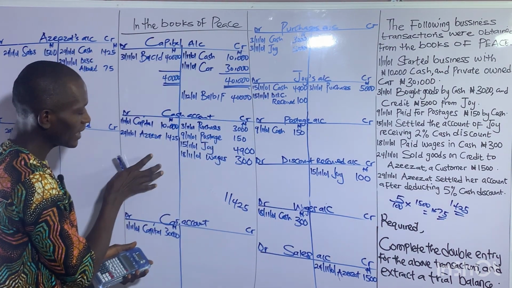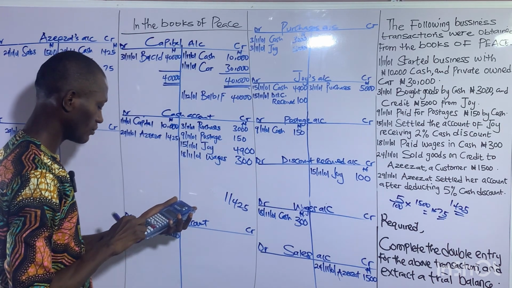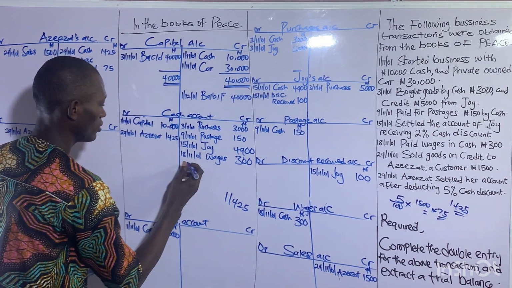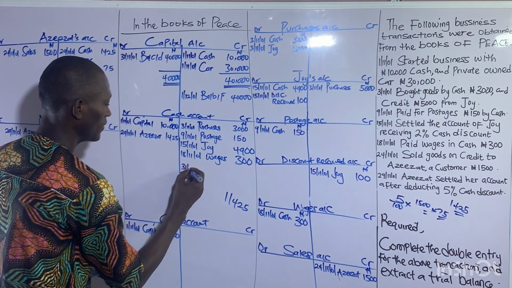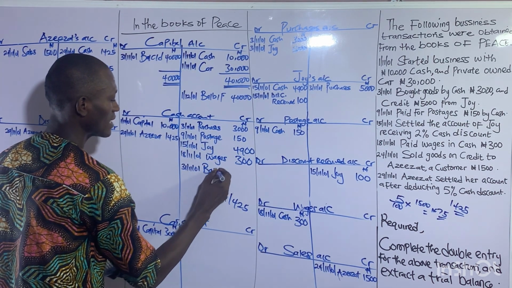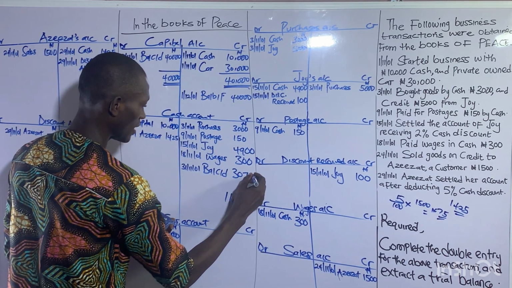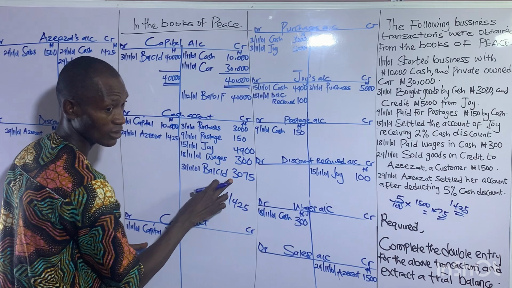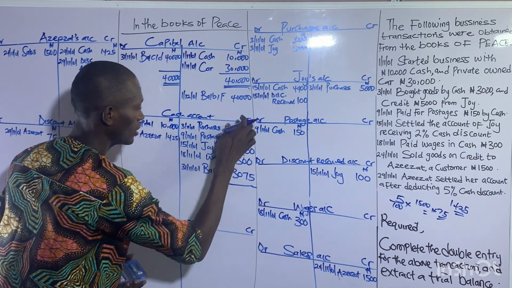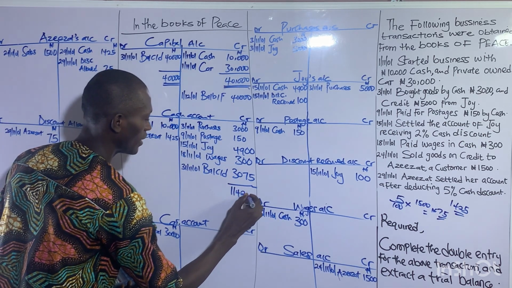Then this side now minus this side. What do we have? So we have the closing balance, and that's 31st 11/01 balance carried down. That's the difference, 3,075. When you add everything now, you are going to have 11,425.